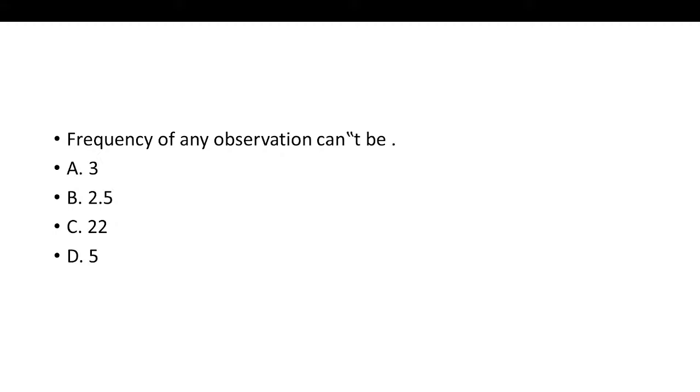Frequency means how many times a particular observation occurs. Only integers you have to take: 1, 2, 3, something like that. But it cannot be a fraction or decimal. So what is the answer? Comment.